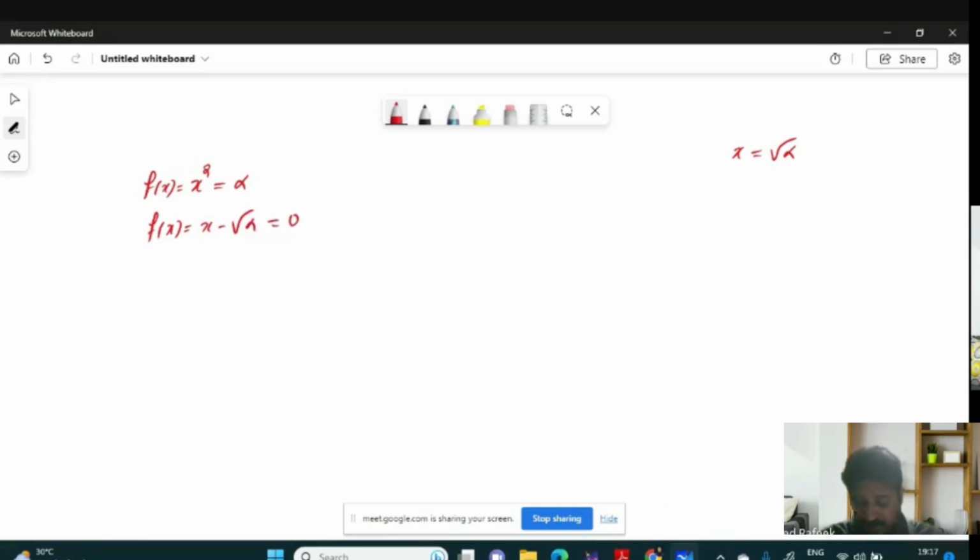You know the basics of Newton-Raphson method. We know the formula: xn plus 1 is equal to xn minus f of xn divided by f dash of xn.